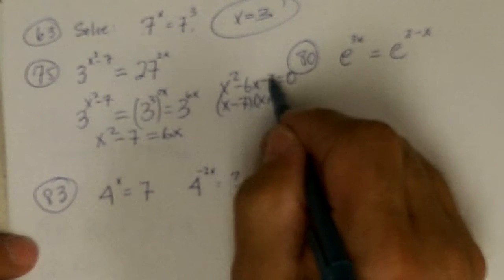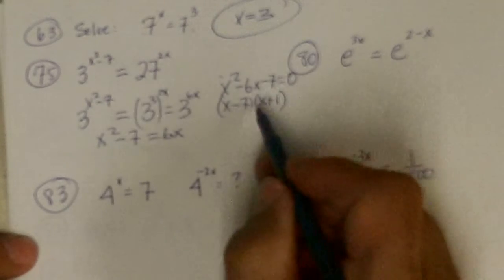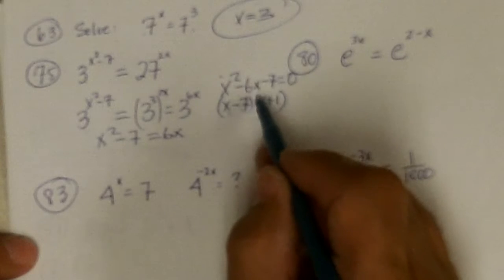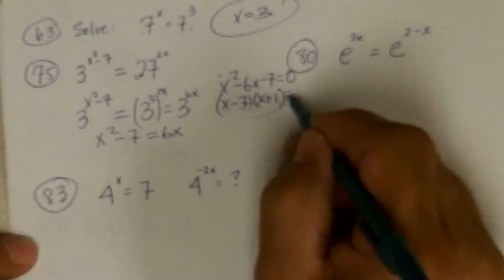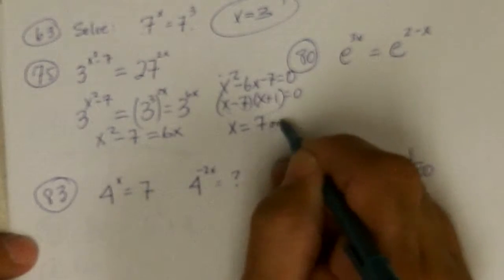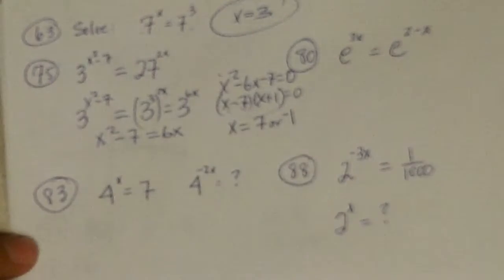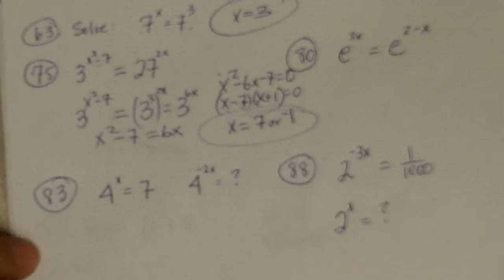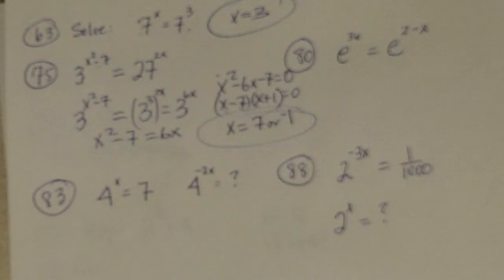That would make a negative 7 over here, x squared over here, and the outside's plus 1x, inside's minus 7x, so that's minus 6x. So x would have to be 7 or negative 1, and I believe both of those work. You could check that.